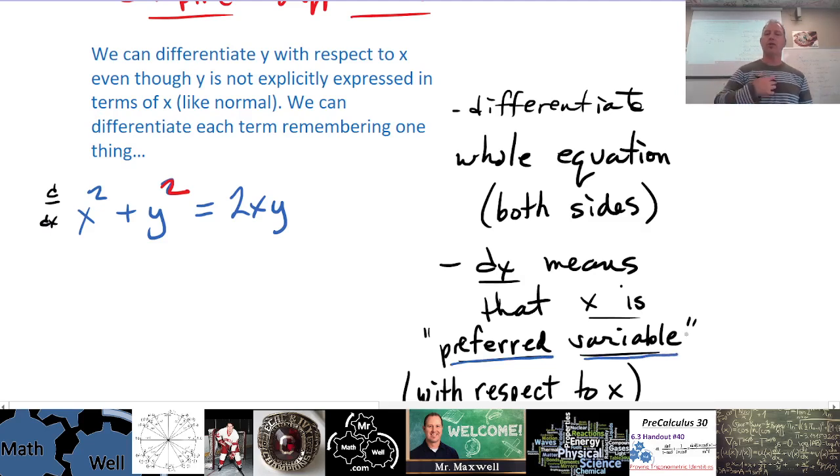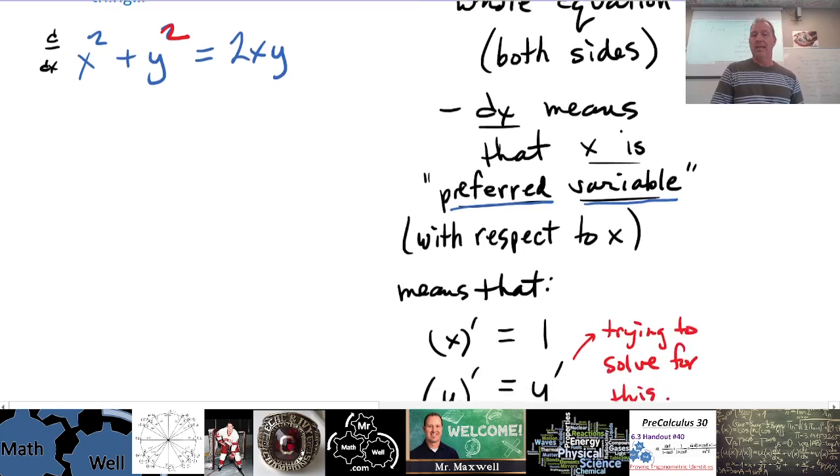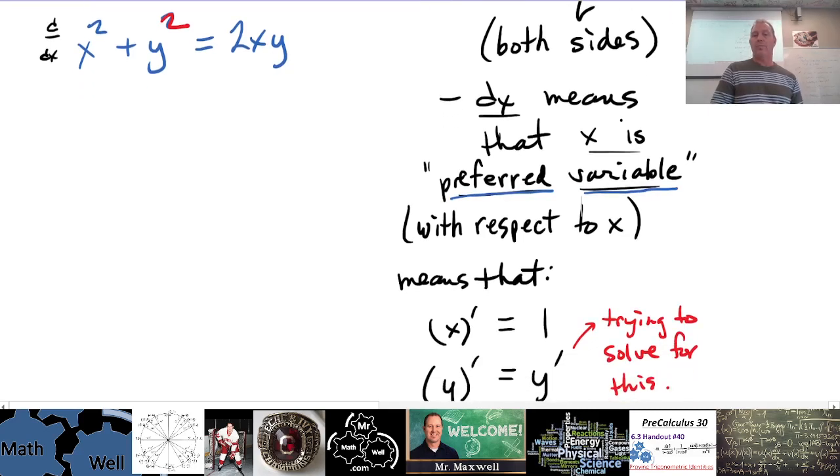That's the terminology that I use to help me remember that if y was x, the derivative of x is 1. So the derivative of x with respect to x is 1. We know that because x is the preferred variable.